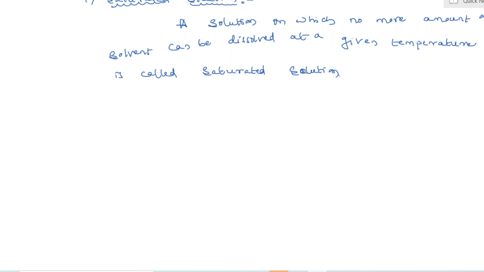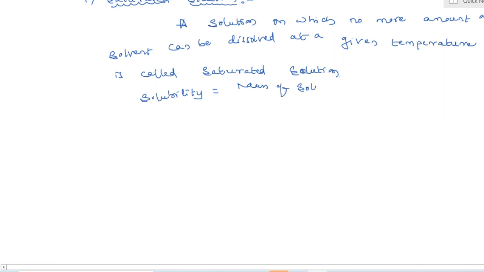The amount of solute present in the saturated solution at a given temperature is called solubility. It means solubility is equal to mass of solute divided by mass of solvent into 100.